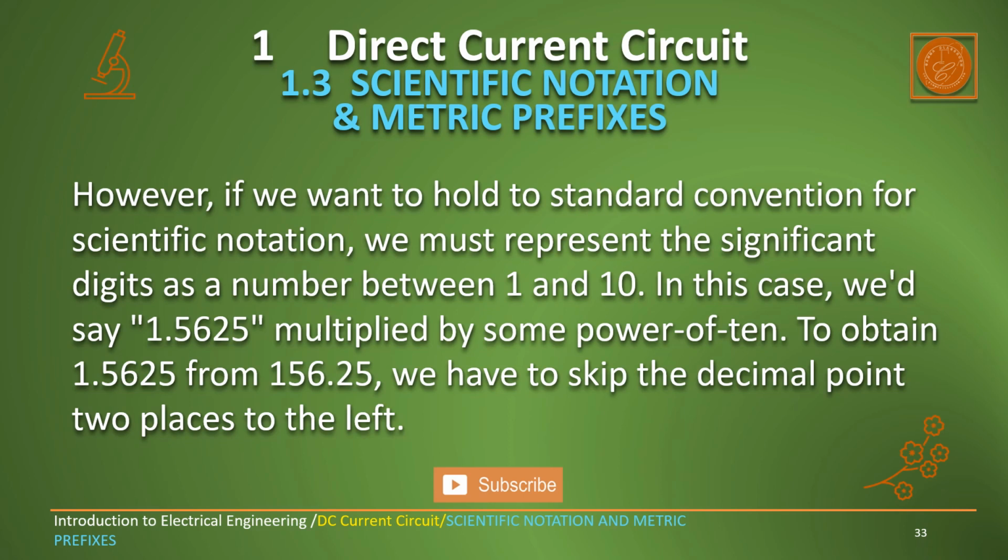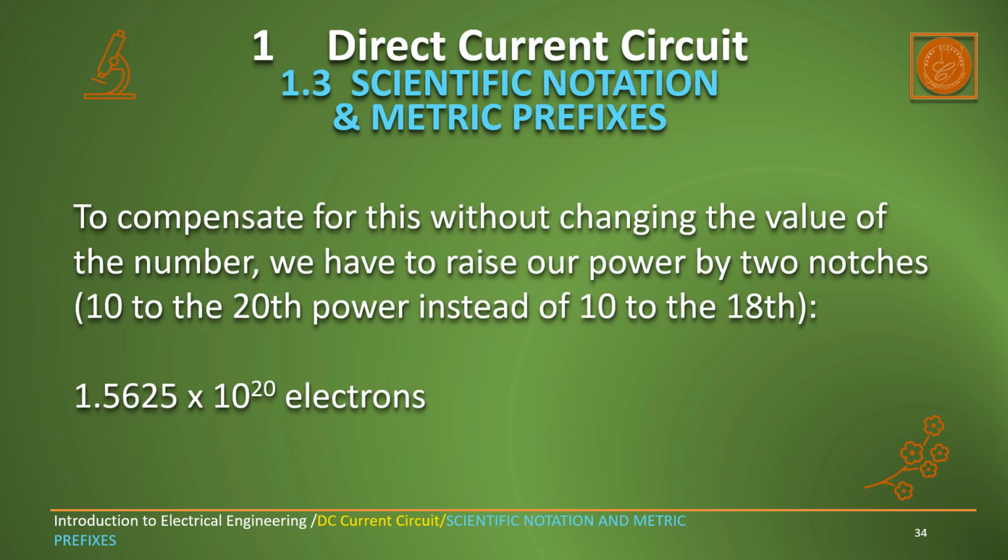To obtain 1.5625 from 156.25, we have to shift the decimal point 2 places to the left. To compensate for this without changing the value of the number, we have to raise our power by 2 notches, 10 to the 20th power, instead of 10 to the 18th.